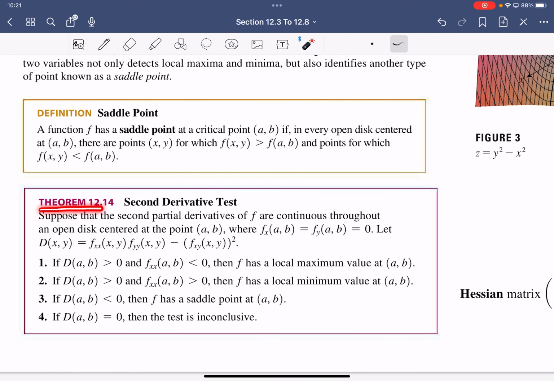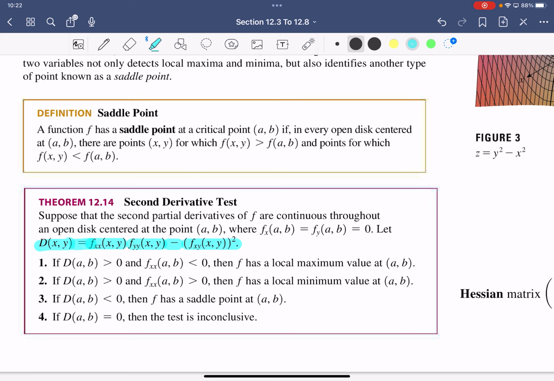Take a look at theorem 12.14 here. The second derivative test to check that the critical point is max or min. So this is what you're gonna do. You're gonna compute a term called D, which is you differentiate with respect to x 2 times, differentiate with respect to y 2 times, and then you minus fxy squared.